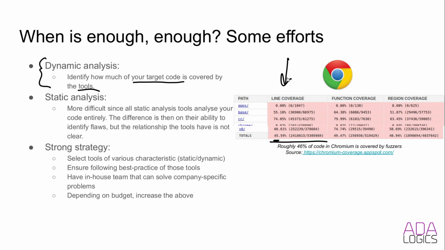and what is not. In static analysis, this is not that easy to define, because essentially the static analysis tools will all analyze your entire code base. And the difference is then in their ability to identify flaws. But this relationship between the tools is not perfectly clear. So for example, you can have two static analysis tools that each analyze all of your code.